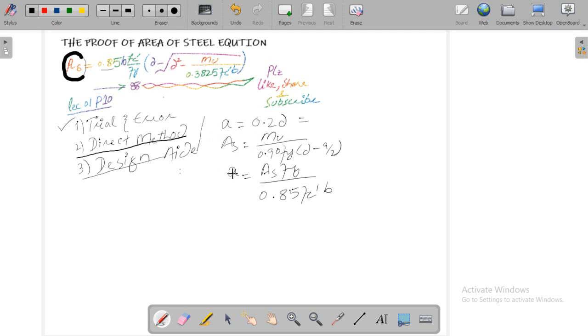If it is not close, or if it is not equal to the previously assumed value of a, we will use a second trial. This was the first trial, this is the second trial.